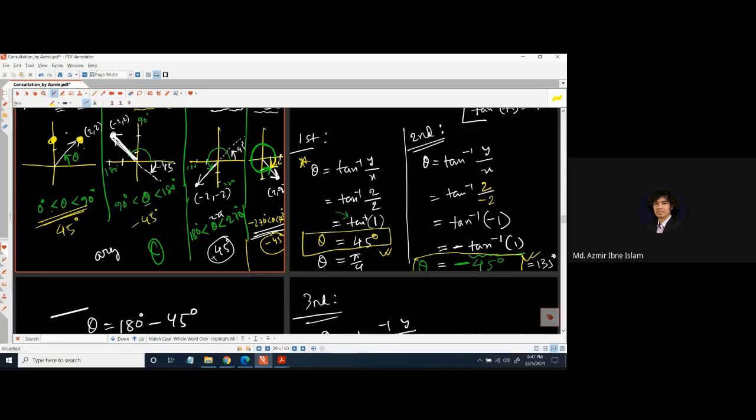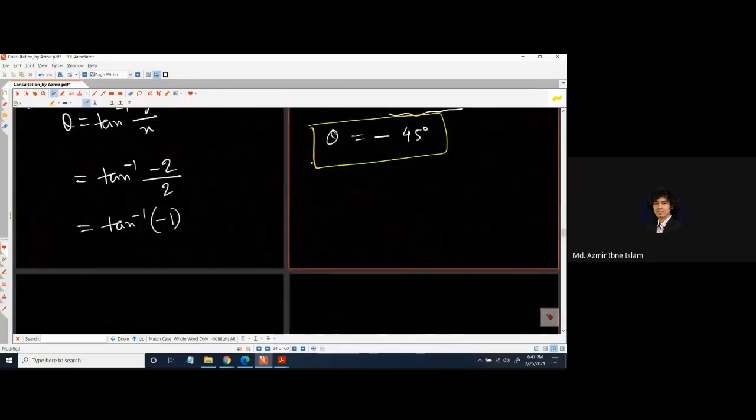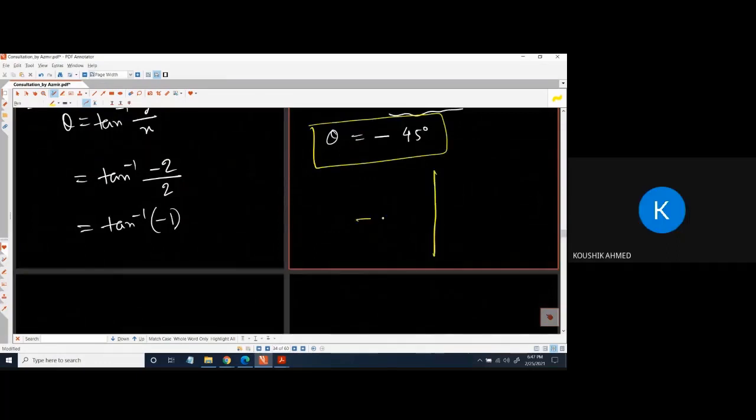If we come from this part, that means plus 360. So we have this point, we are targeting for this angle, but the angle that we have found here is in negative direction, so negative 45 degree.